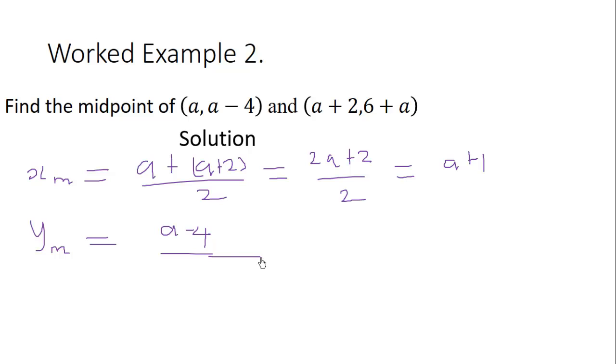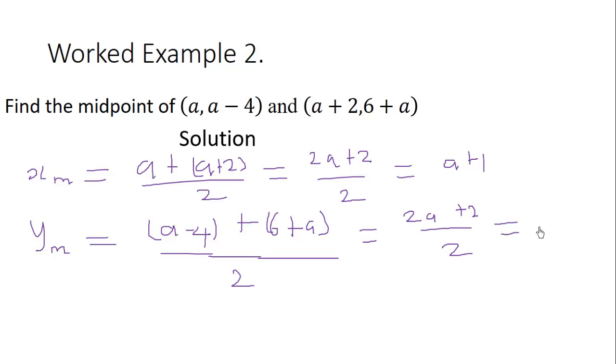Okay, a minus 4, that is y1, then plus y2, which is 6 plus a, so over 2, and this will give us 2a plus 2 over 2, which also simplifies to a plus 1. So midpoint M has coordinates a plus 1, comma a plus 1.